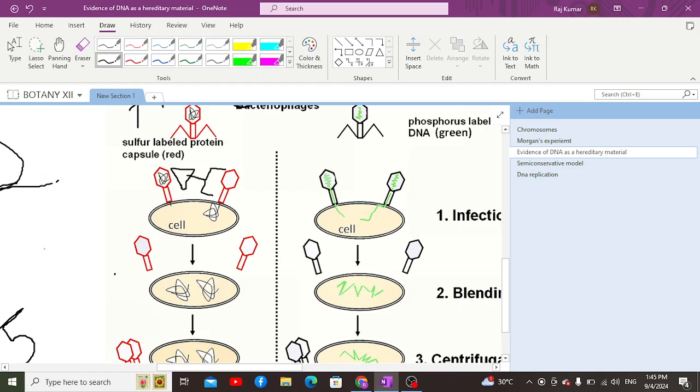As we have previously studied, when the bacteriophage injects its viral genome into the bacterium, the rest of the material is left behind.